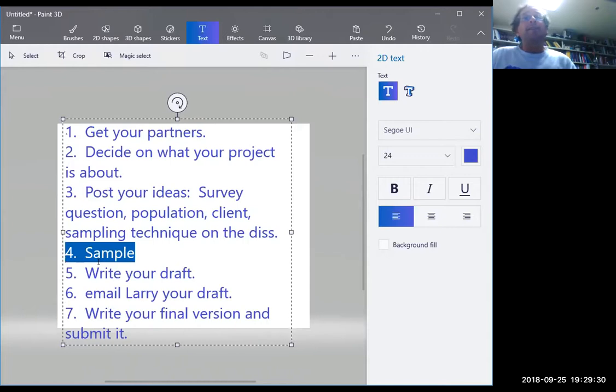If it's in your place of employment, get your manager's or the owner's permission first, unless you are the owner, and then you don't need permission. I don't want you losing your job over this project. If you're doing it in front of Safeway, make sure you talk to the manager at Safeway first. So there are different places you can do a survey.